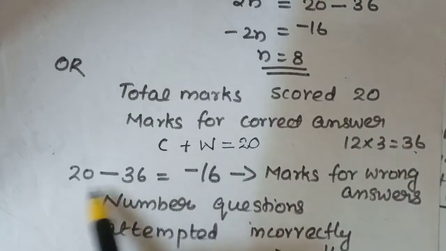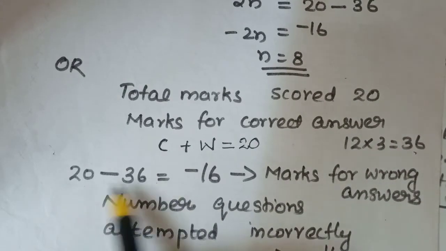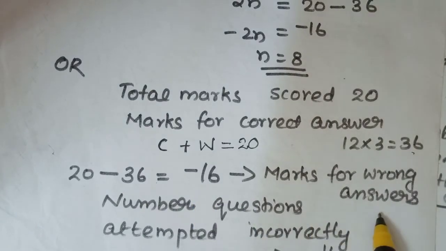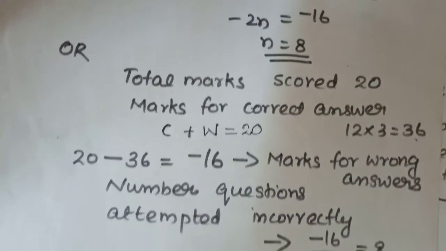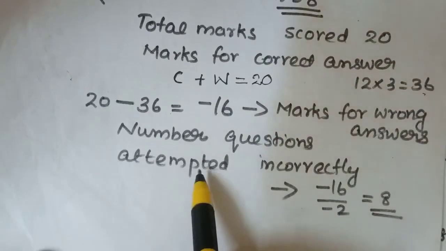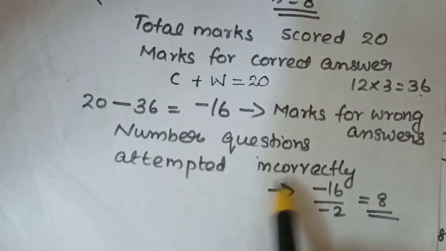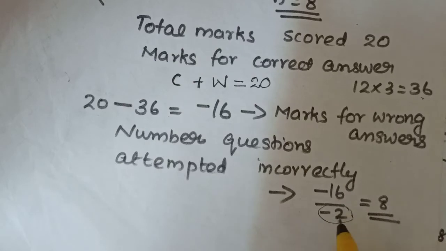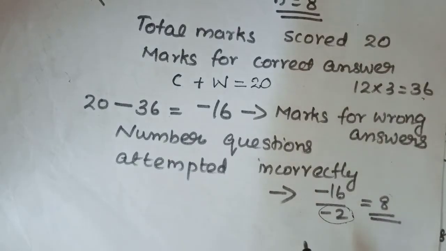So we want to subtract 36 from 20, that is negative 16. So marks for wrong answers is negative 16. Since negative 2 marks for every wrong answer, negative 16 by negative 2, we got 8. This is the way we find out the answer.